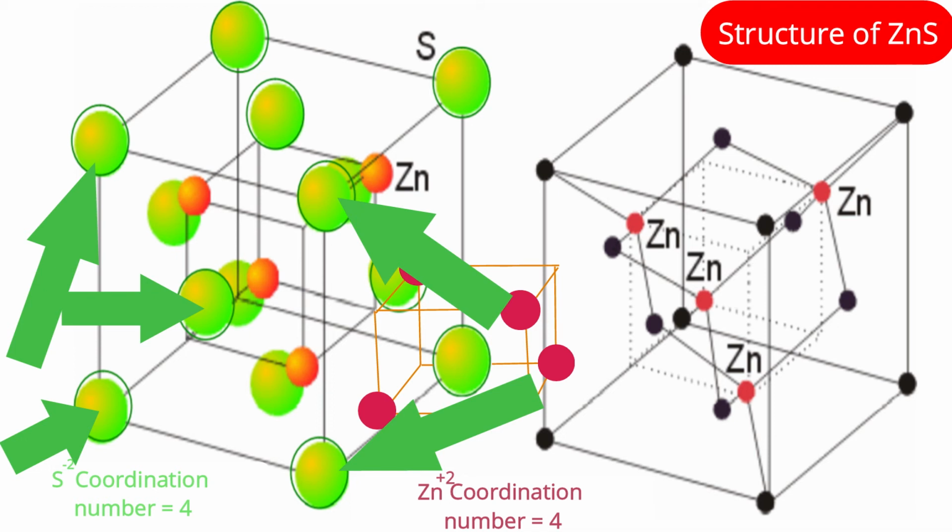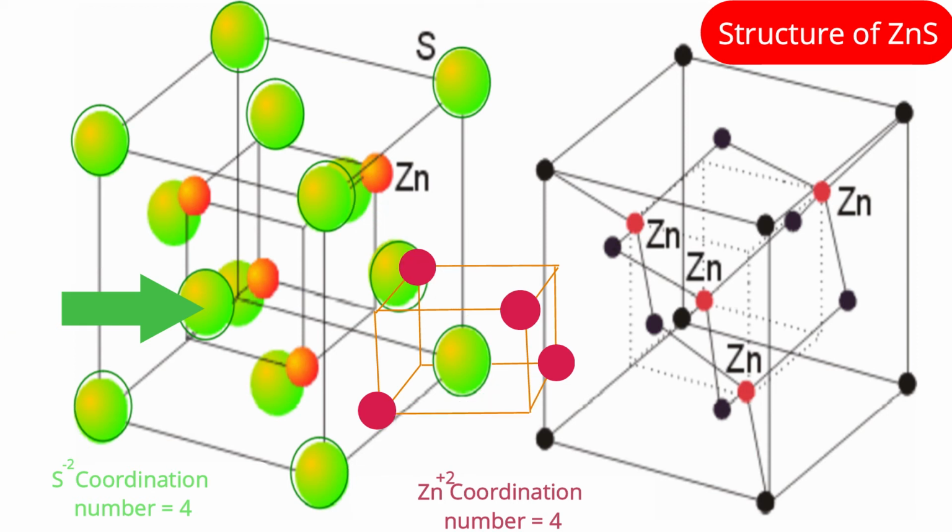In the small inner face, zinc ions were there, and in the large face, 5 sulfide ions are there, and 1 sulfide ion is at the center. Now, the sulfide ion at the center is nearest to those zinc ions. Means the sulfide ion, now we feel, is surrounded by two zinc ions.